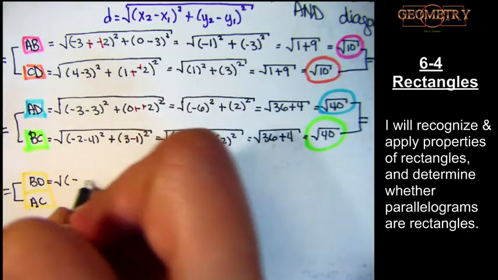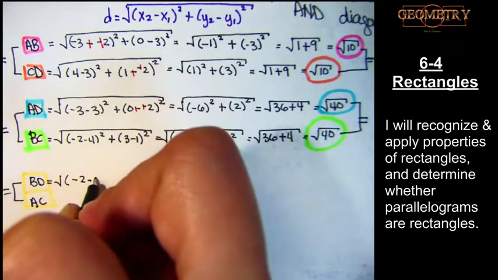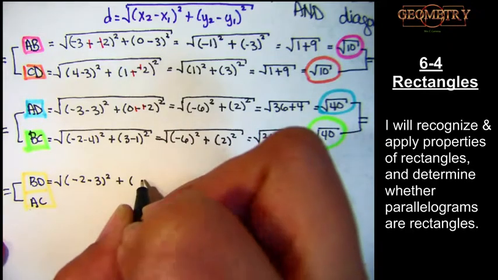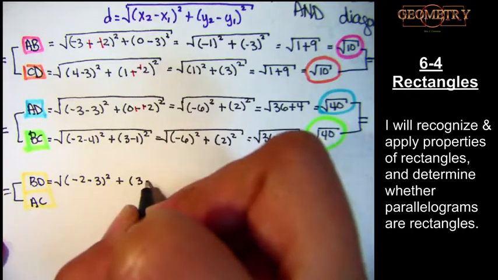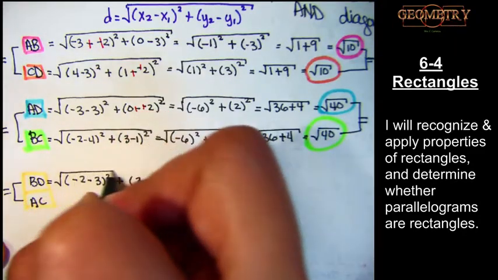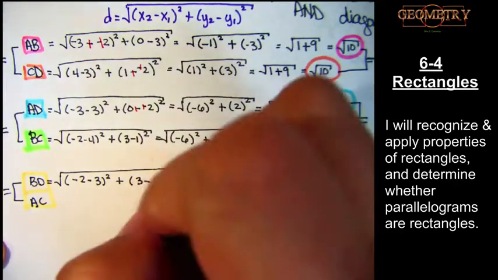X coordinate for B, X coordinate for D. Y coordinate for B, Y coordinate for D. I have a double negative.